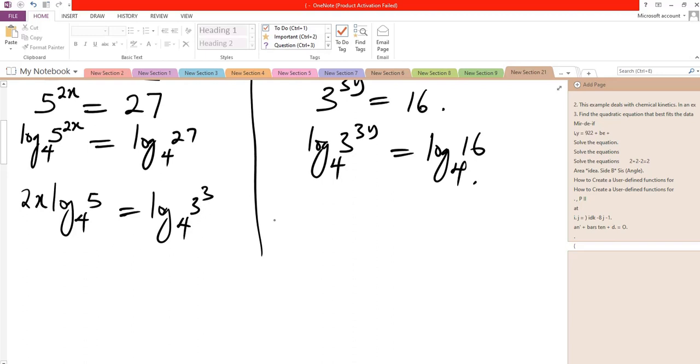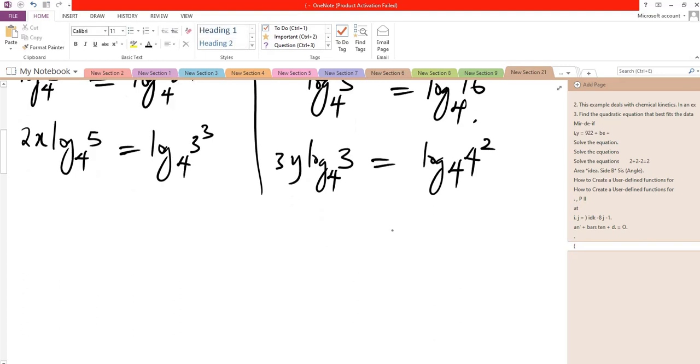And the other is written as log 3 base 4 times 3y is equal to log 16 base 4. 16 is 4 raised to power 2, so log 4 raised to power 2 base 4.